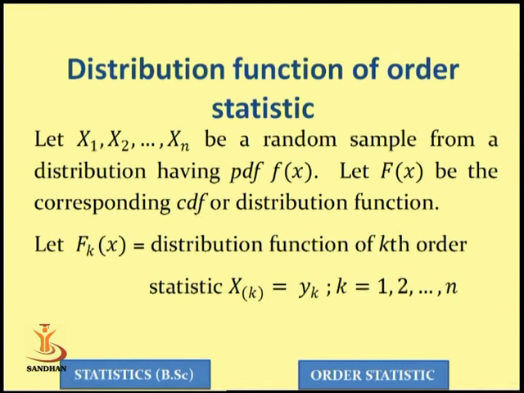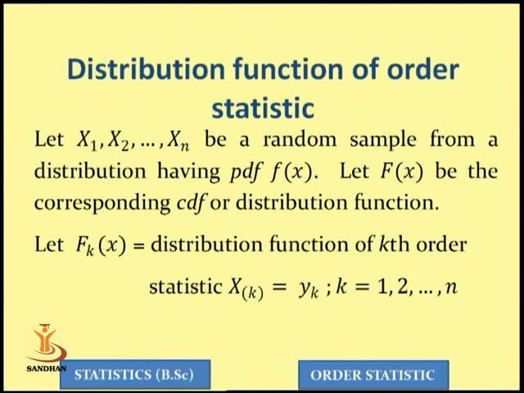Now, distribution function of order statistic. As we know, given a random variable, we may be interested in two functions associated with the random variable. One is the probability density function, that is PDF, say small f of x, and capital F of x, which is known as the corresponding distribution function, also known as the cumulative distribution function, which we denote as CDF.